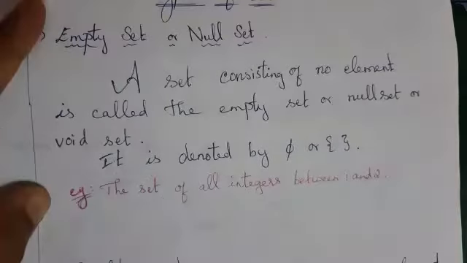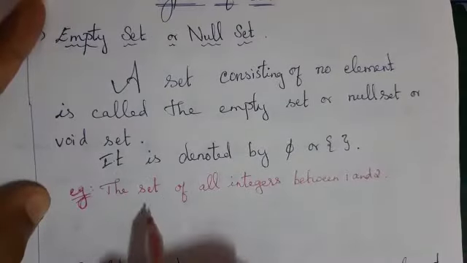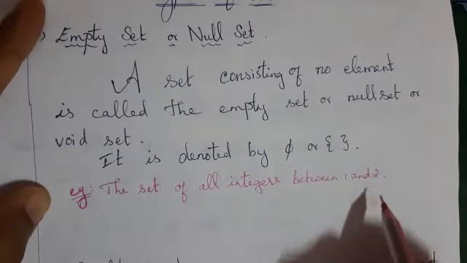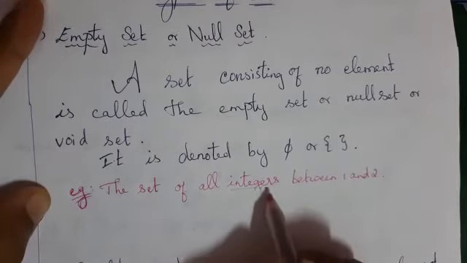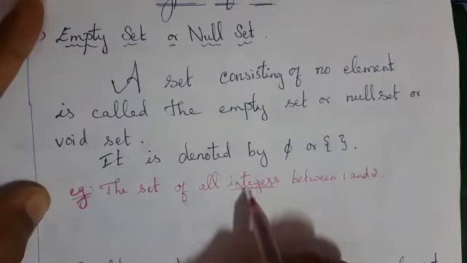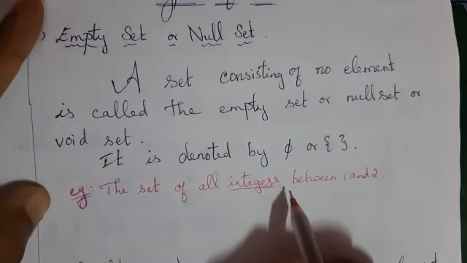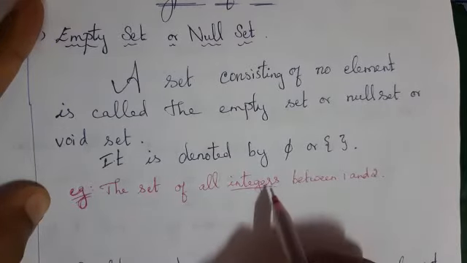Okay, take one example. The set of all integers between 1 and 2. Do you know about integers? Yes, integers means negative and positive natural numbers with 0.